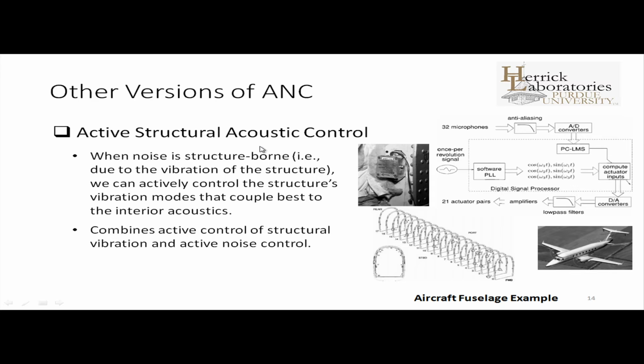Things with aircraft and built-up structures are more complicated, but nonetheless, some things radiate effectively and some do not. And so the technical challenge with something like active structural acoustic control is to be able to control the bits of the vibration that actually then connect to the sound field in the interior.